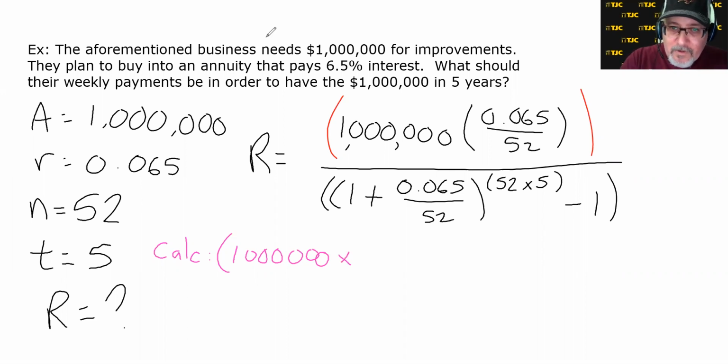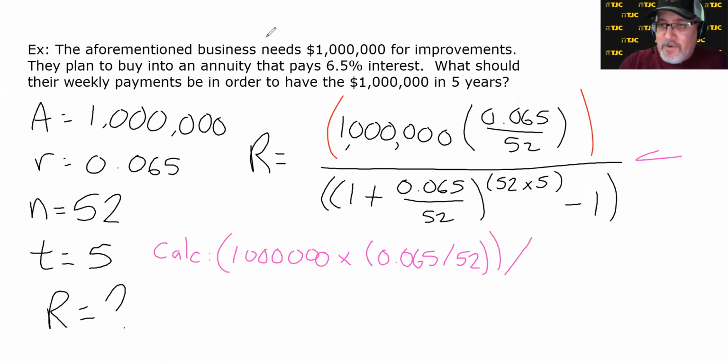And 1 million times, open parentheses, 0.065 divided by 52. Close the black parentheses on the right side of the fraction. Close the red parentheses on the top, in the numerator. Divided by, don't forget this fraction bar in the middle. Get the feeling I'm going to run out of room.